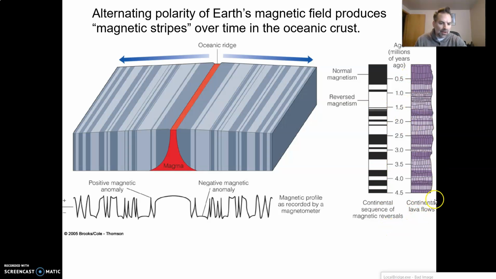And these are all recorded in continental lava flows and in the ocean basin along a mid-Atlantic ridge, or along a divergent boundary. So here, your rocks are real young, and as you go away from the ridge axis, the rocks are going to be getting older, and they're going to be recording different magnetic reversals through time.